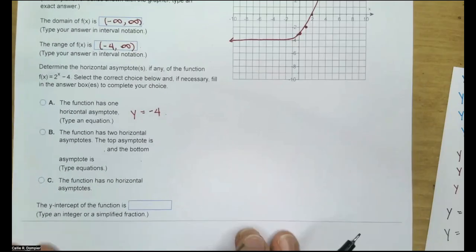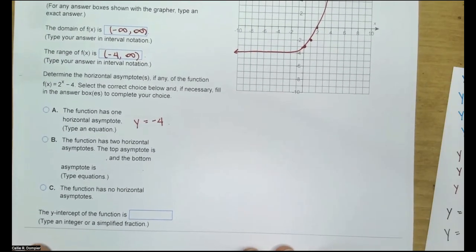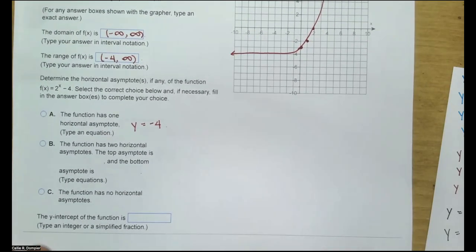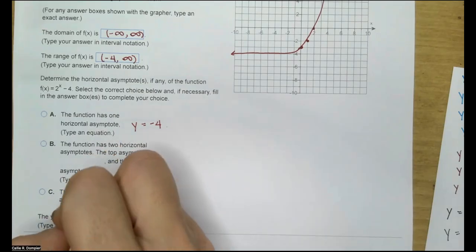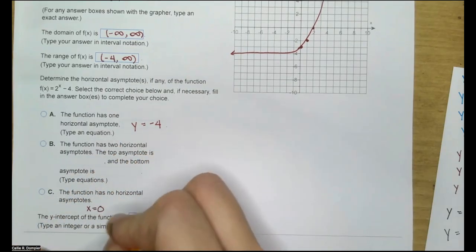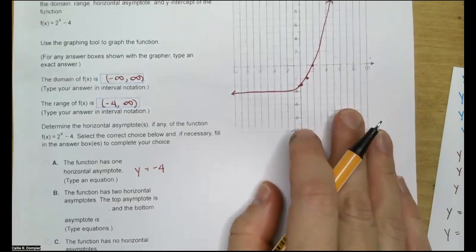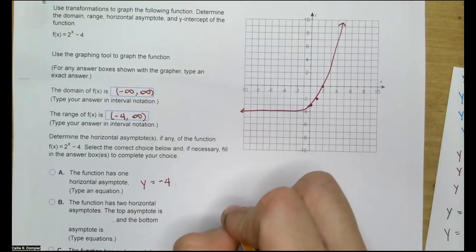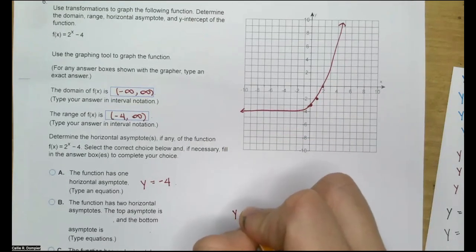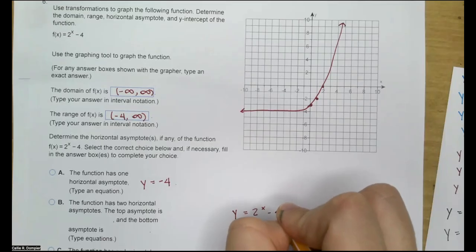And what is the y-intercept of the function? The y-intercept of the function is where y is equal to 0, right? Nope, the y-intercept is where x is equal to 0. And if you didn't know that already from plugging in points, you can just go to your equation. f(x) equals 2 to the power of x minus 4.